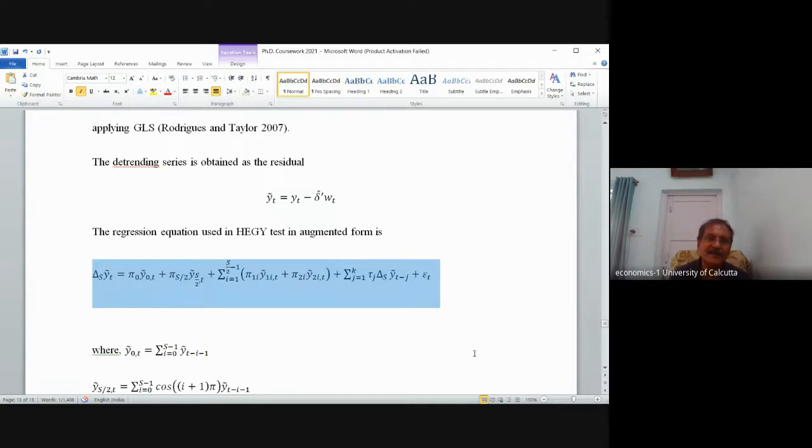This sum will vary from I is equal to 1 to S by 2 minus 1. Plus the augmented term sum of tau j delta s y tilde t minus j plus epsilon t.